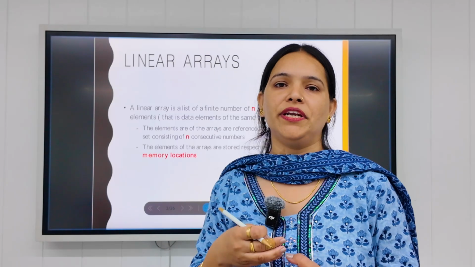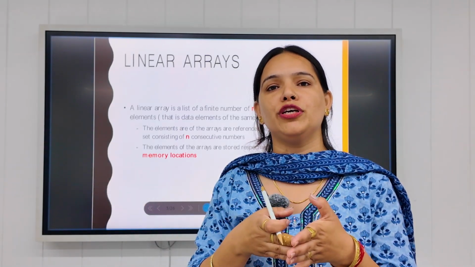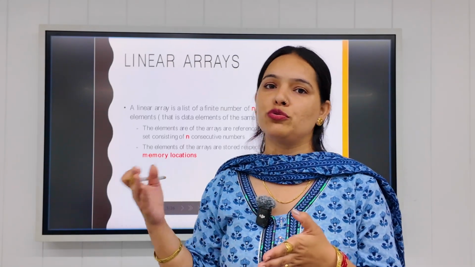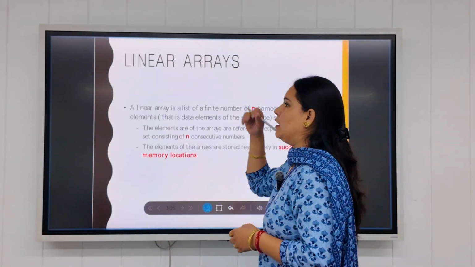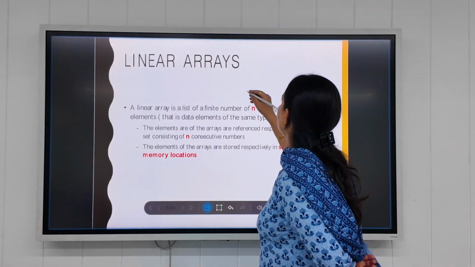the values to that. The benefit is that in the memory, at consecutive memory locations, your data items are stored, right? See how we declare an array, the process of declaring arrays.